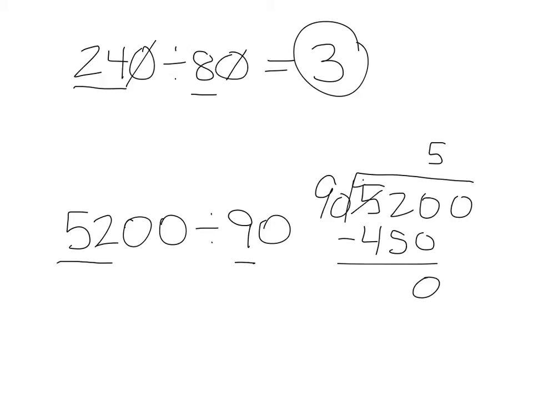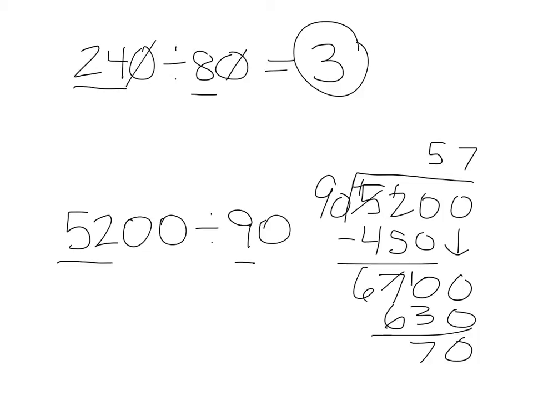Subtract. Get 70. Bring down my 0. 90 goes into 70 about 7 times. So 7 times 90 is 630. Subtract, I get a remainder of 70. So 57, remainder 70 is my answer.